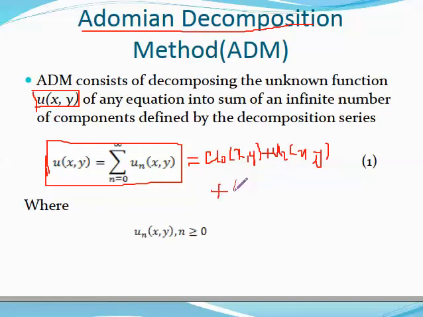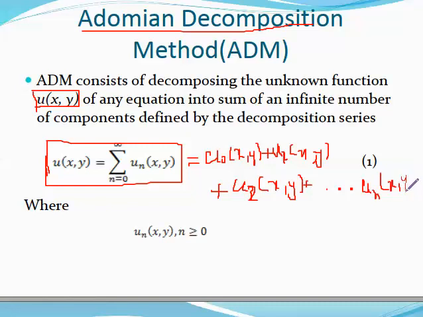Then u_3, and so on, up to the last term u_n, which is again depending on the independent variables x and y.